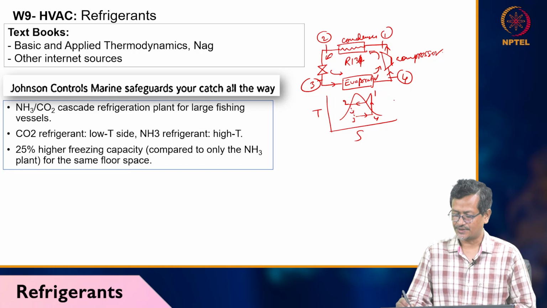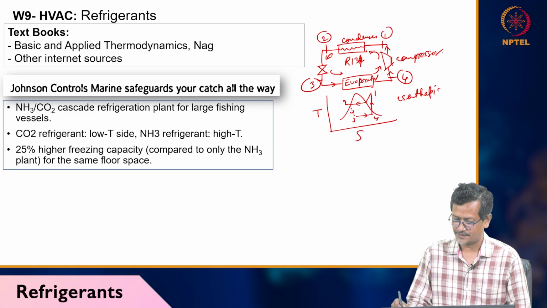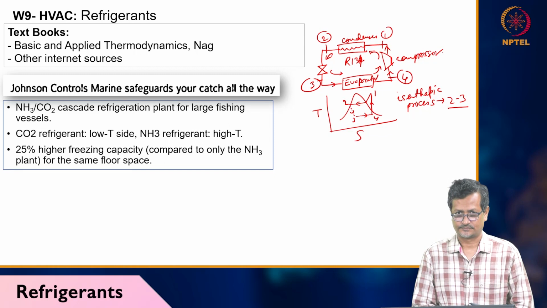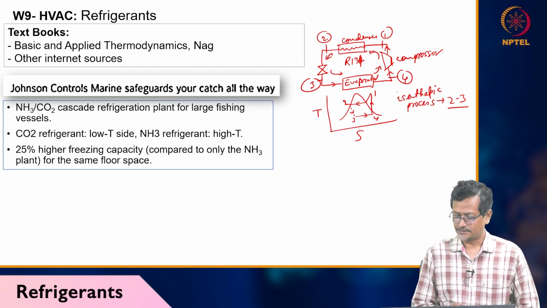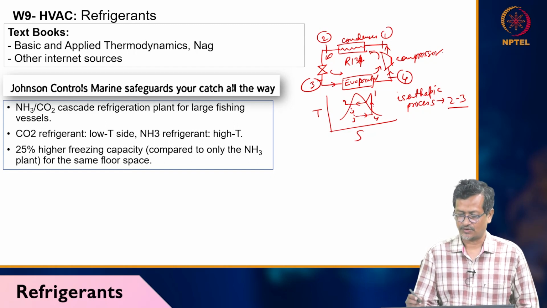So 2 to 3 is your isenthalpic process. There enthalpy is not changing, but entropy is changing, and it is an irreversible process. So we have seen this 2 to 3 is your throttling process or expansion process.